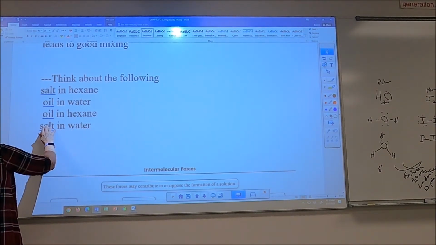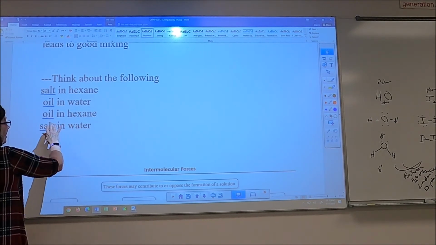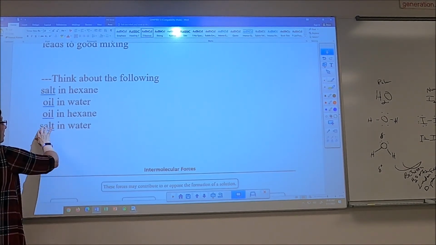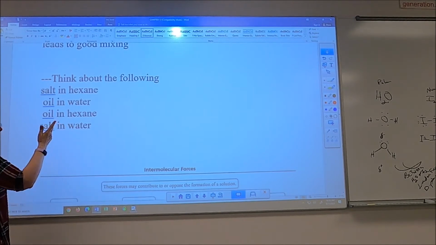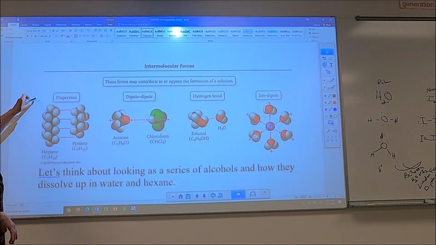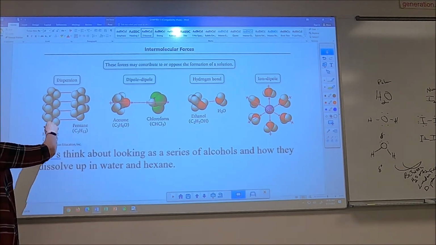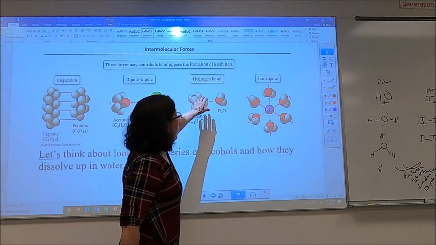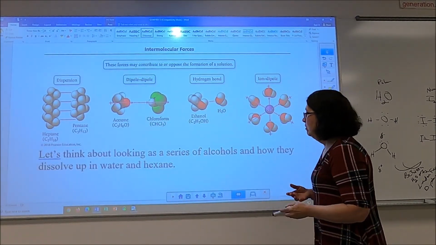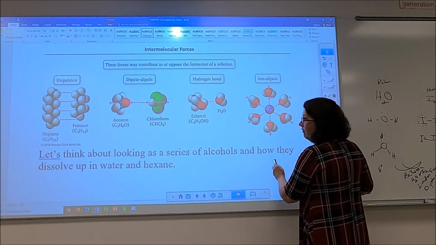Well, I have an ionic compound and I have polar water molecules. I can generate an ion-dipole, so if this is table salt, sodium chloride, this is going to mix pretty well. Okay, so, the biggies: dispersion, dipole-dipole, hydrogen bonding, ion-dipole. Okay, those are the biggies you're going to see most often.